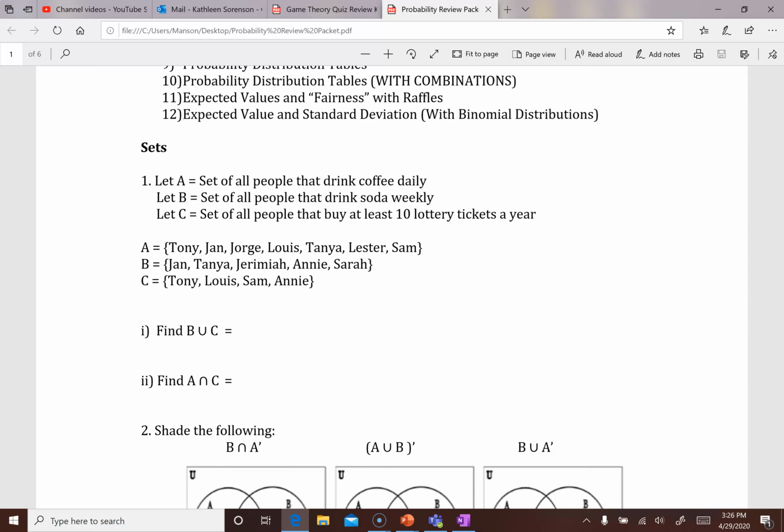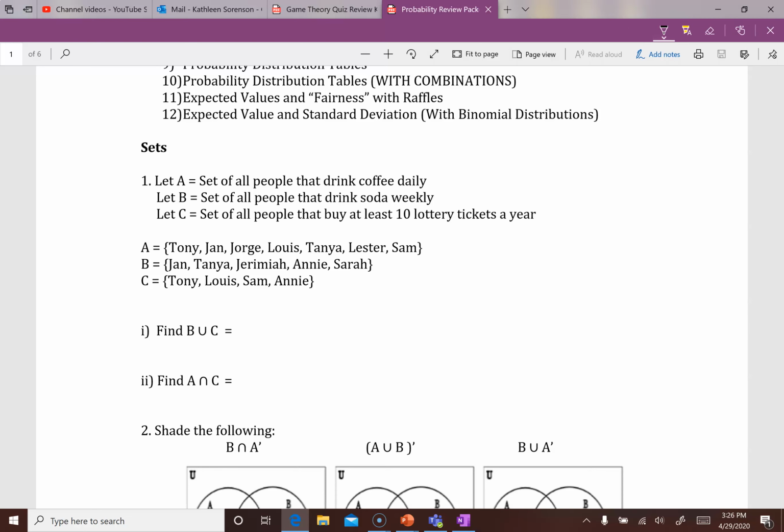All right, let's take a look at B union C. Remember, B union C stands for putting everything in B, everything in C, and everything in both. So that's going to be everyone in B, which is Jan, Tanya, Jeremiah, Annie, and Sarah, and anyone in C, which is Tony, Lewis.